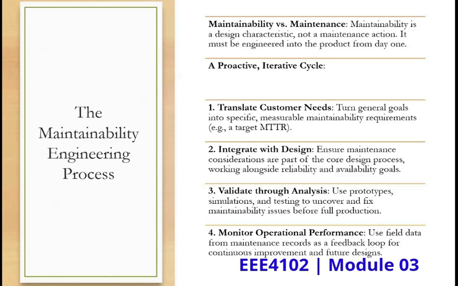It must be engineered into the product from day one, all the way from the factory where it is being manufactured. Maintenance is just the act of fixing or repairing a failed system, so it is reactive or planned work, whereas maintainability is an inherent characteristic of system design.